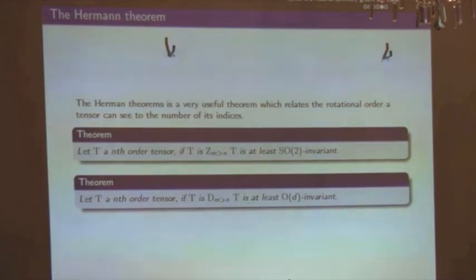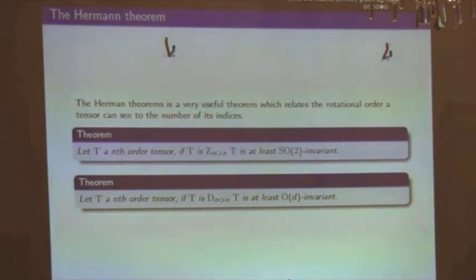It's a kind of miraculous result because it links the order of your rotation. A square is invariant by order 4 because you make 4 rotations before reaching the identity. So it connects the order of your rotation with the number of legs your tensor has.